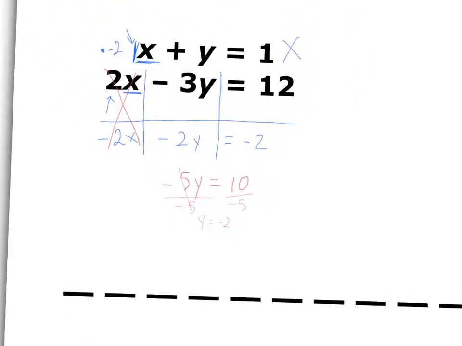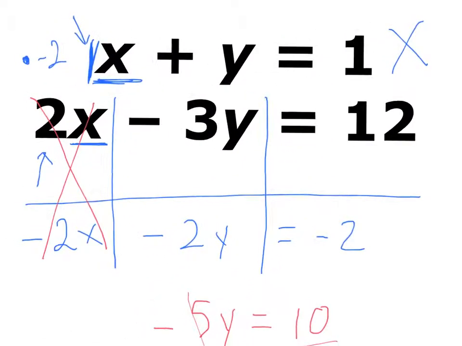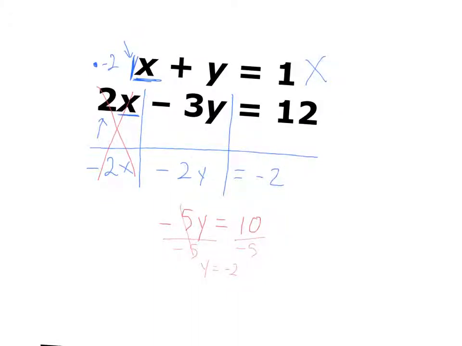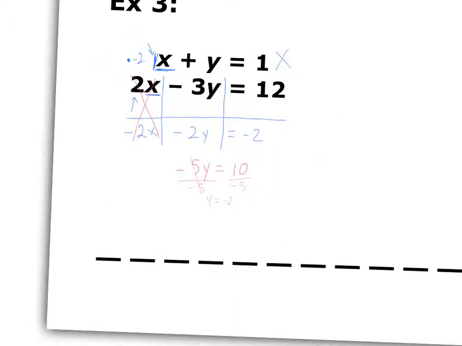Now normally I would tell you not to come back up to this top equation to plug back in, as you don't need it anymore. But since it is so easy to plug back in, we're going to go ahead and do that. So let's rewrite our equation. We have x plus y equals 1. And we know that y is -2, so instead of y, we're going to put -2.